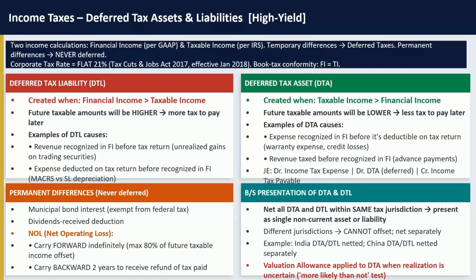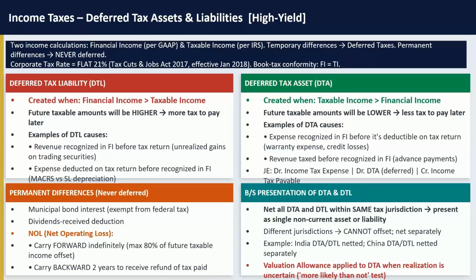According to tax purposes, you will have to record this and pay taxes on rent received in advance. So rent received in advance is not considered in financial income, but it is considered under taxable income. Next month, you will record this rent in your financial income, but not in your taxable income. That is called temporary differences.